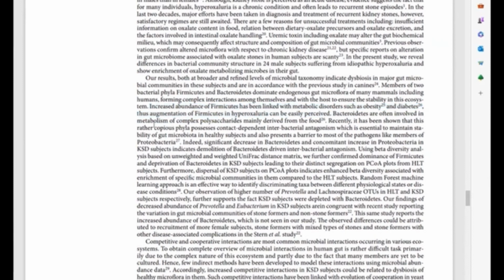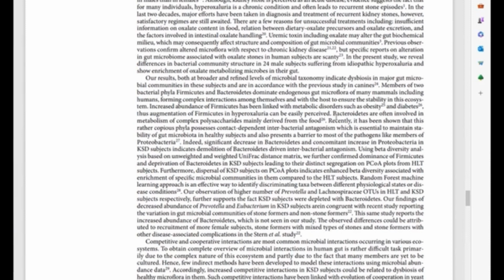Bacteroides are often involved in metabolism of complex polysaccharides, mainly derived from food. So, as we discussed, and when I do your stool testing, the Bacteroides do very well on more fiber and more polyphenols in the diet. But it's been shown that this phylum possesses contact-dependent interbacterial antagonism, which is essential to maintain stability of the gut microbiota in healthy subjects and also presents a barrier to most of the pathogens.